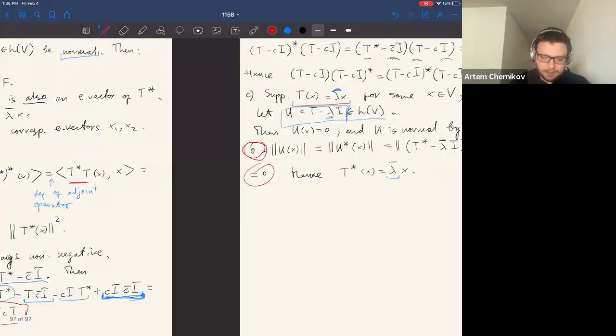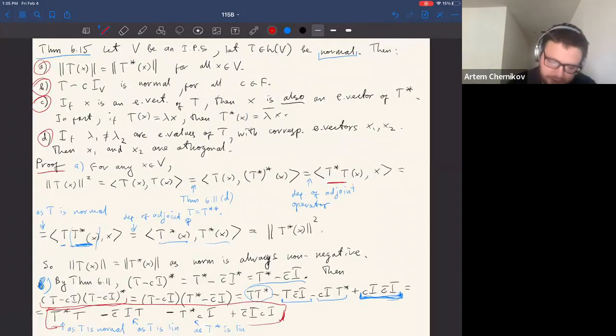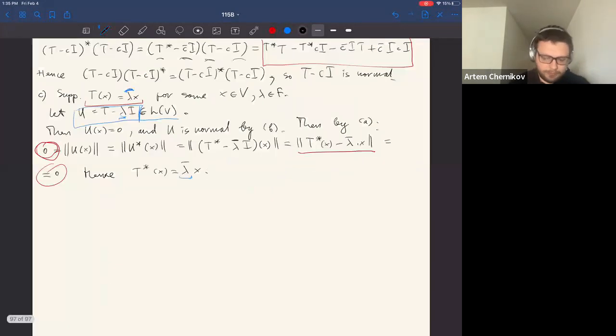And finally, let's show D. So let's show that if we have two distinct eigenvalues, then the corresponding eigenvectors are orthogonal. So D, assume lambda 1 different from lambda 2 are two eigenvalues of T with corresponding eigenvectors x1, x2.